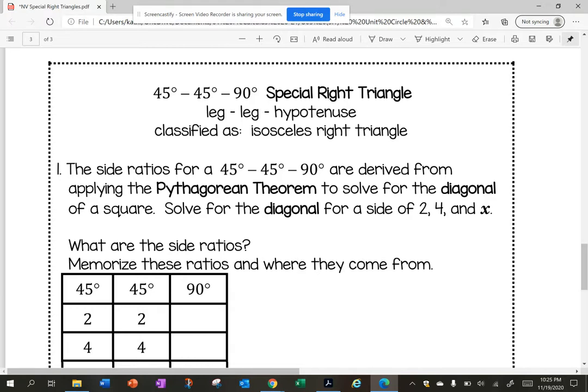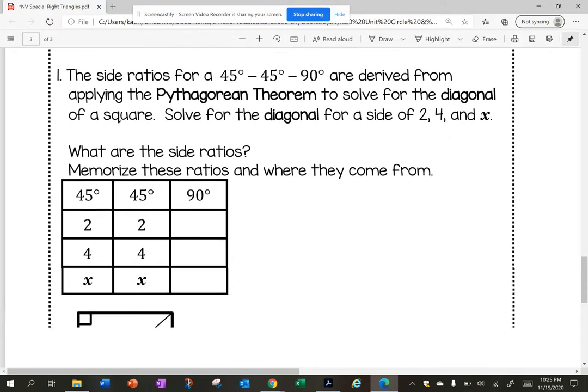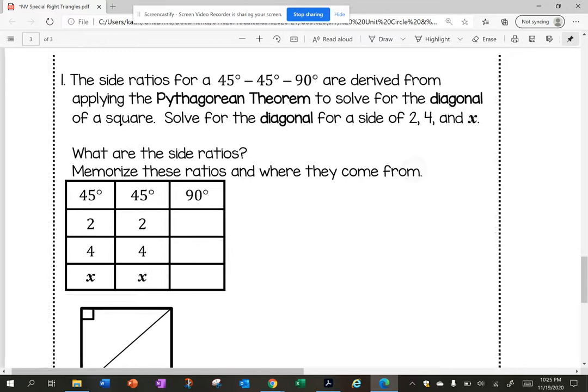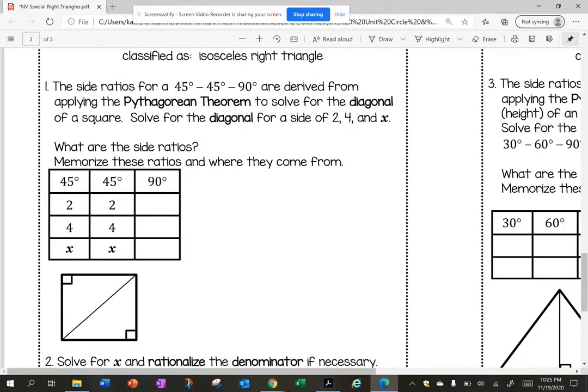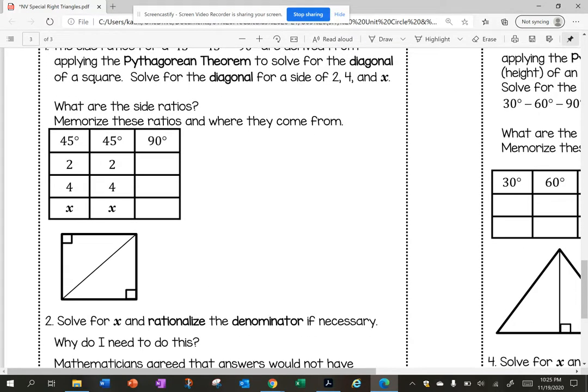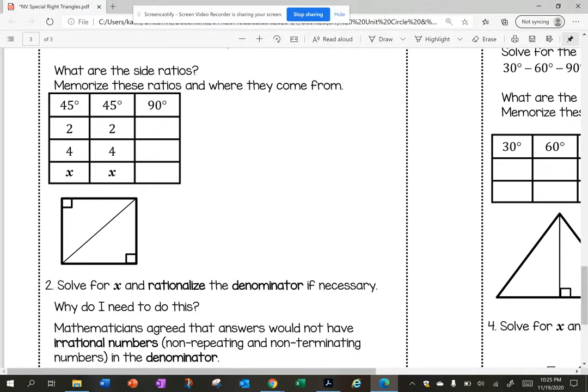All right, so let's figure out the side ratios. To find the side ratios, they actually come from a square. So if I have a square and I draw in the diagonal, let's start out and say our square has sides of 2. So in my table here, I have a leg of 2 and a leg of 2. I know I have a square, so all 4 sides are equal.